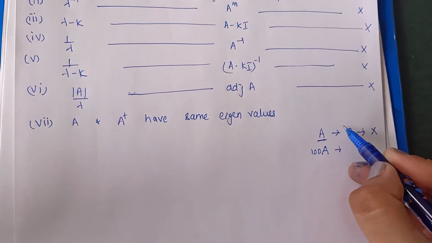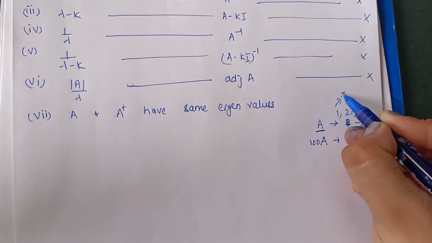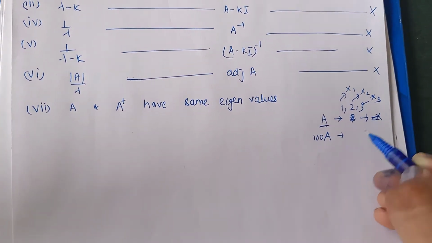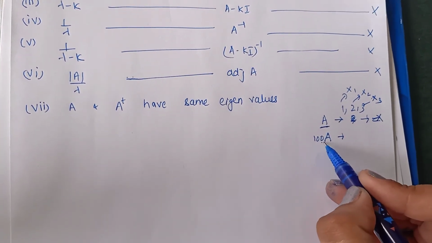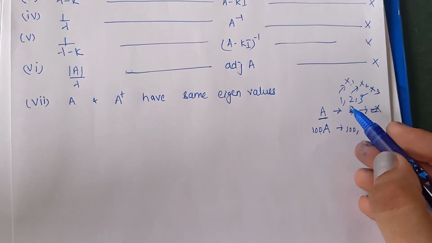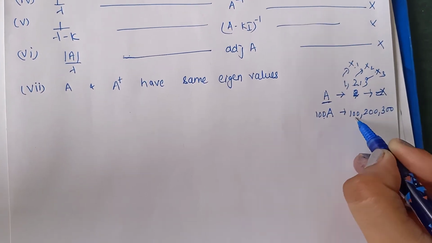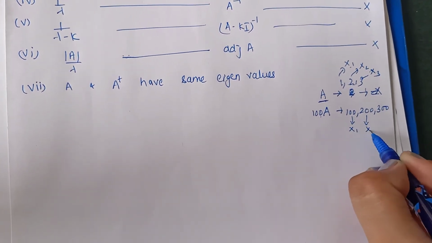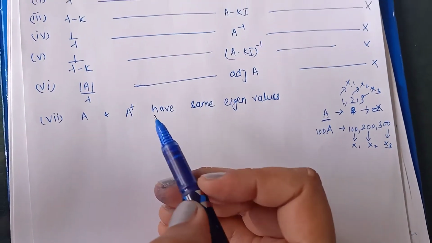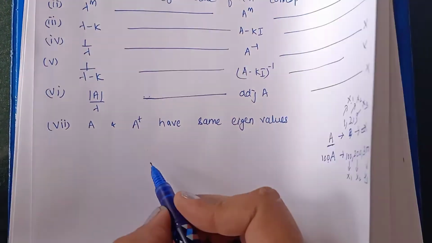For example, its eigenvalues are 1, 2 and 3 with corresponding eigenvectors x1, x2 and x3. Then eigenvalues of 100 times A will be 100, 200 and 300, but the eigenvectors will remain the same.